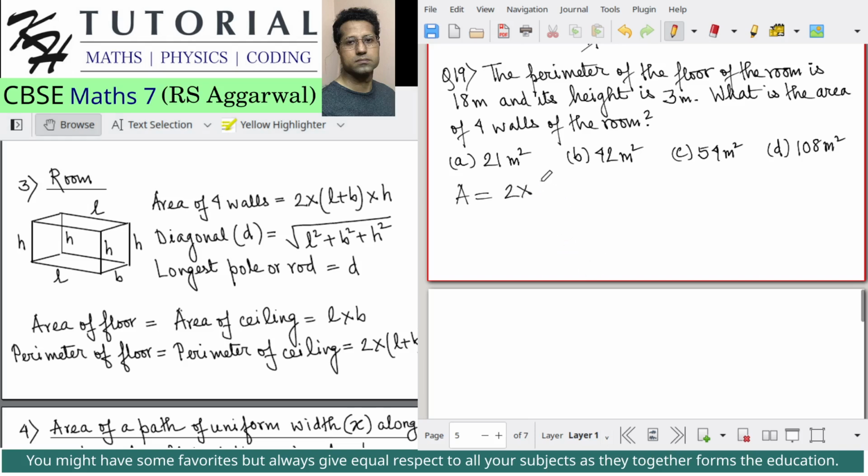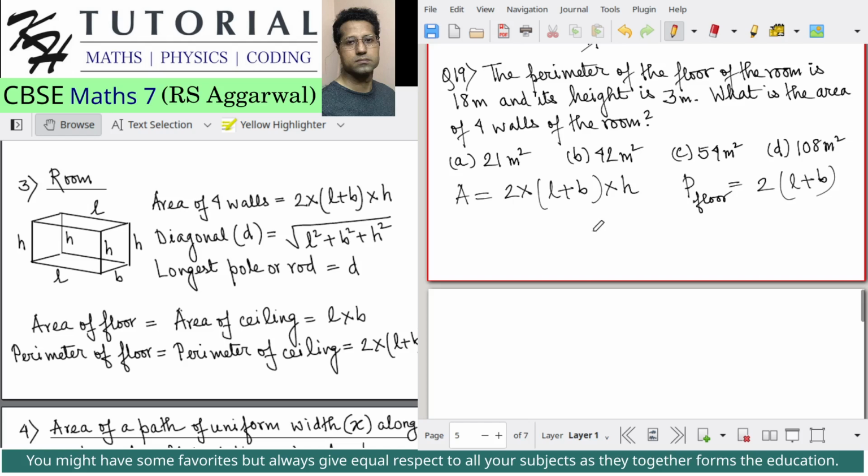So 2 into length plus breadth of the room and multiplied by height. We know that a room has a 3-dimension length, breadth and height. And the perimeter of the floor of the room, so P, let's say floor, perimeter of the floor is nothing but 2 into length plus breadth. So this is the perimeter of the floor.